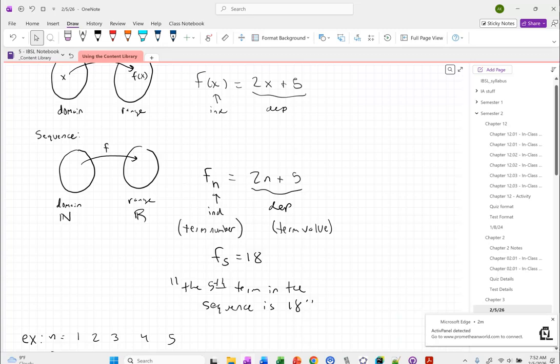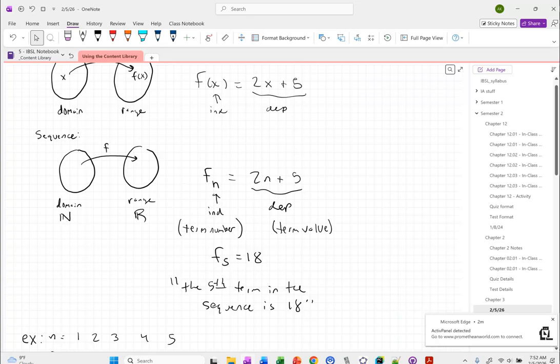So the way you'd write a sequence, instead of writing f of x, you write f and then a subscript with your independent variable name. Typically, we use the letter n in a sequence. And then we set it equal to some expression that depends on that independent variable, like 2n plus 5. This independent variable, this n, we refer to as the term number, and the dependent, the output, would be the term value.